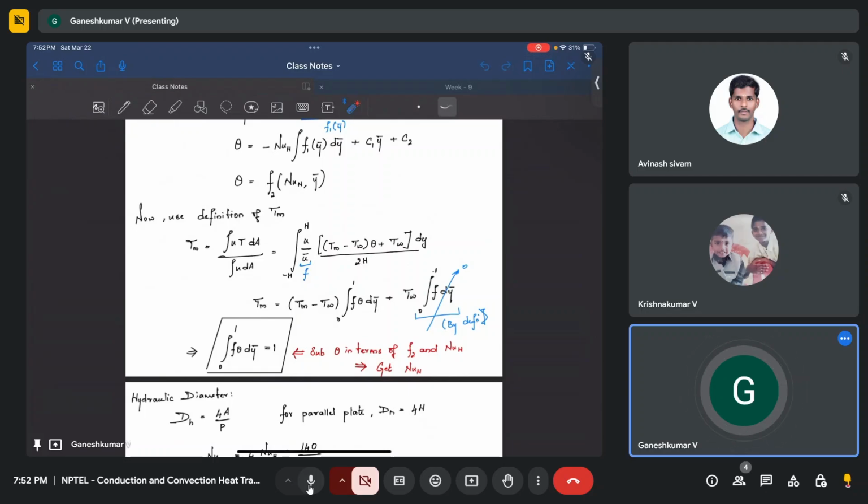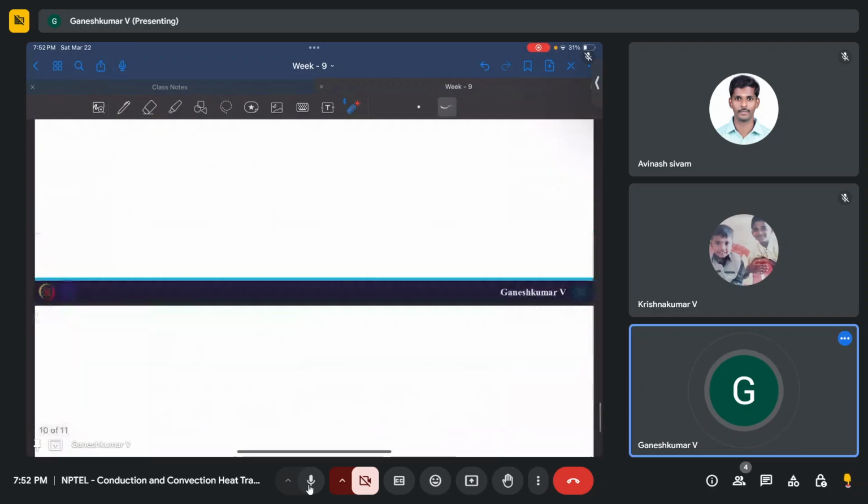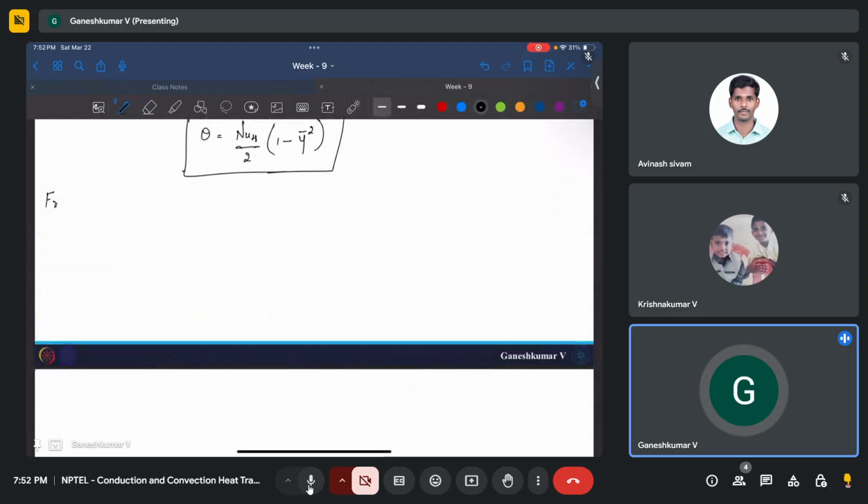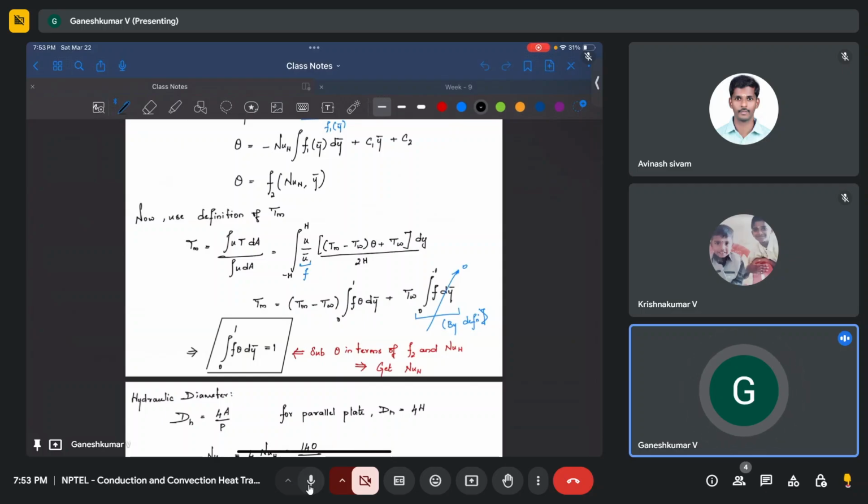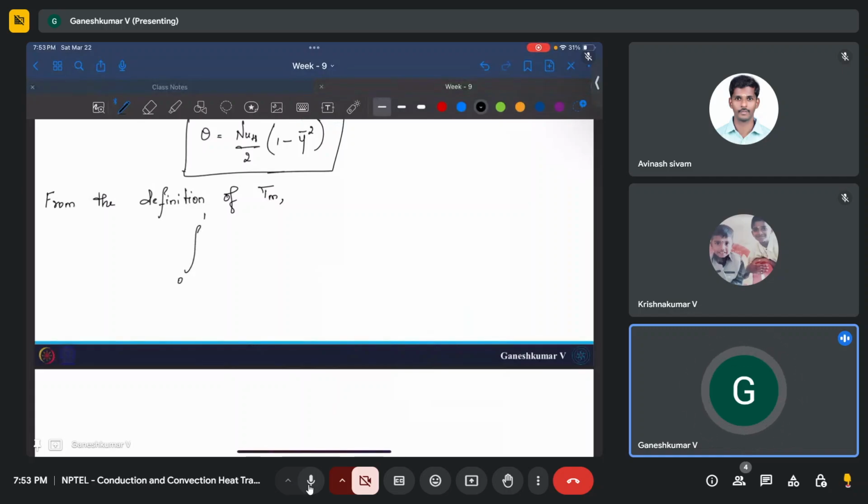So once you find theta, we know f is nothing but u by u bar. U by u bar is 1 for us. Let me write that down. From the definition of Tm, I can repeat this calculation, but for the sake of simplicity, I will take the final result that the professor already derived.